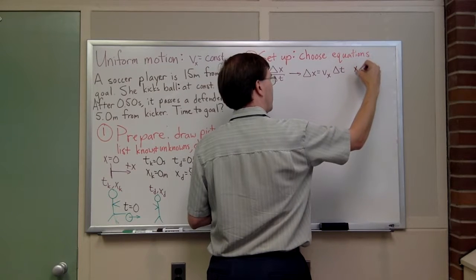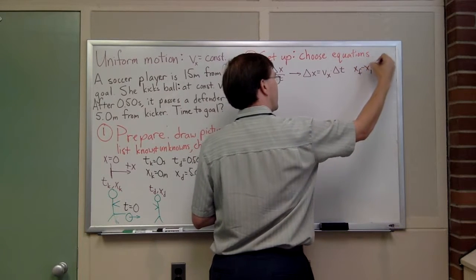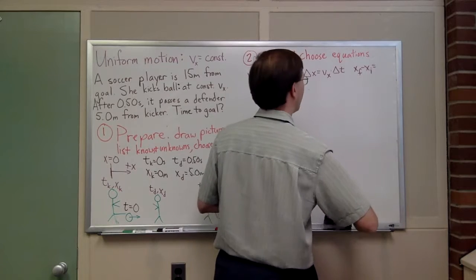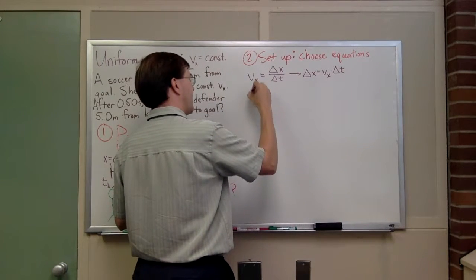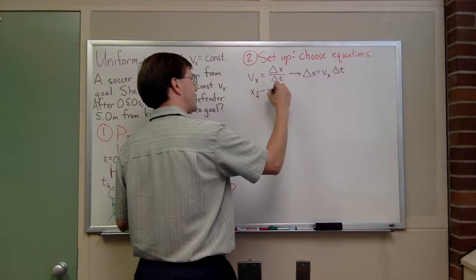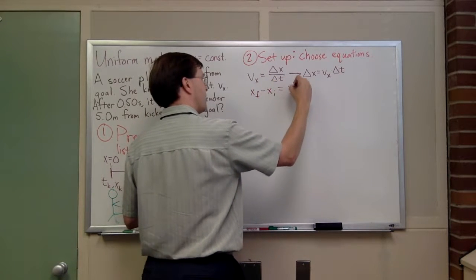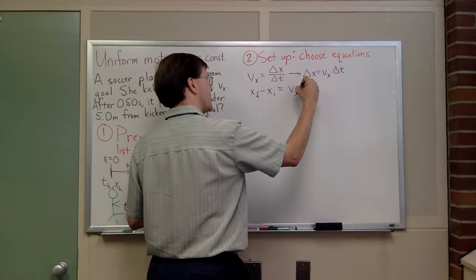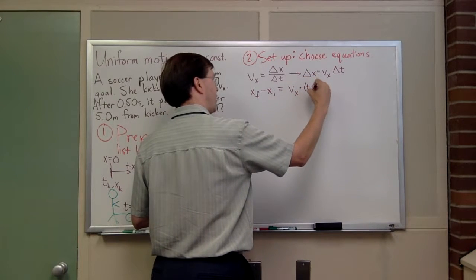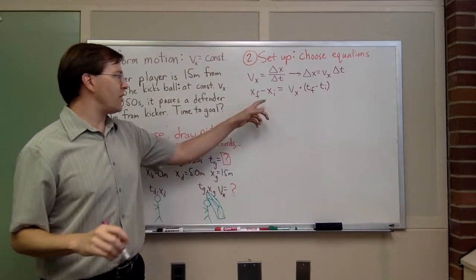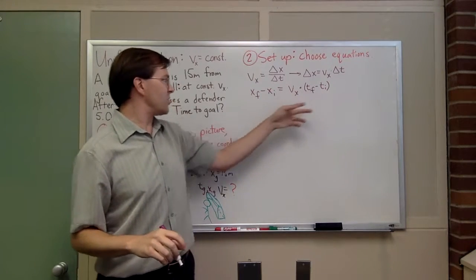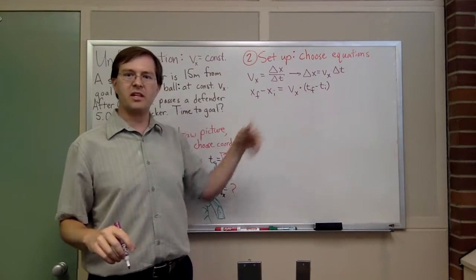Or another way of writing this, if I want to write it out explicitly, I can say x final minus x initial equals, oh, this is too cramped, isn't it? Never mind, I'll go to another line. Fine. So I can say x final minus x initial equals Vx times t final minus t initial. Sometimes people will leave out the x initial and the t initial, because they always assume t initial is 0.